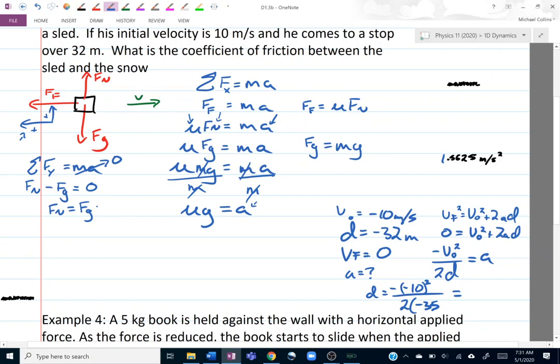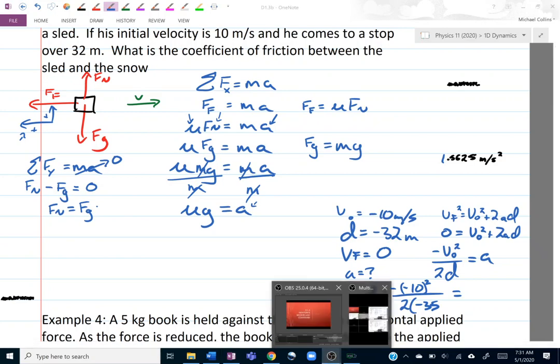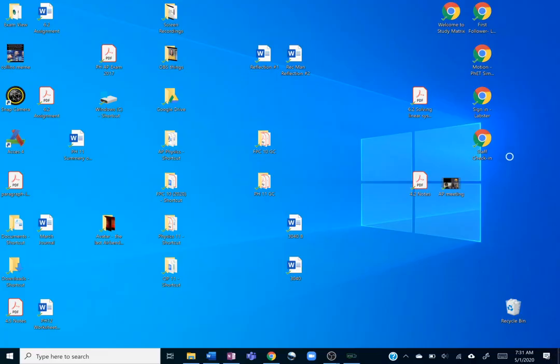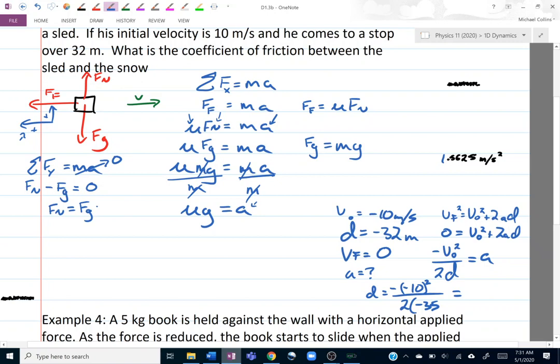So now I have my acceleration. I have my g. I know everything in this expression except for mu. I don't know why my tablet seems to be glitching out today, but today's the day.